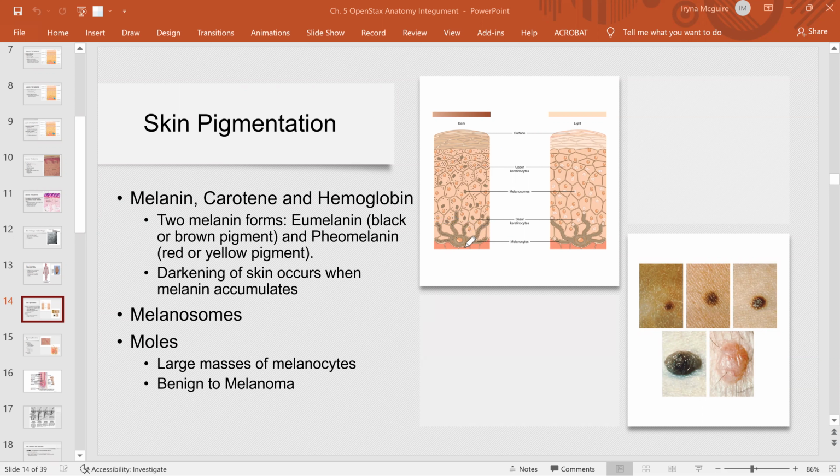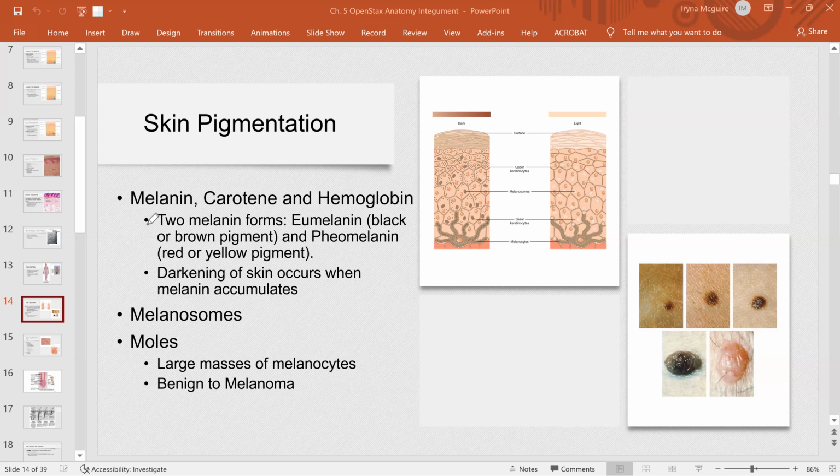And melanocytes synthesize that melanin. And you can see the melanin is deposited inside keratinocytes. Right? So keratinocytes actually accumulate this melanin, and this is what protects the nucleus of those cells from UV radiation.